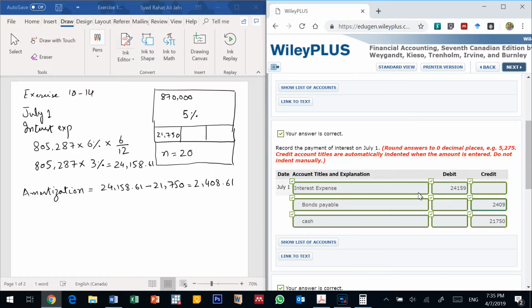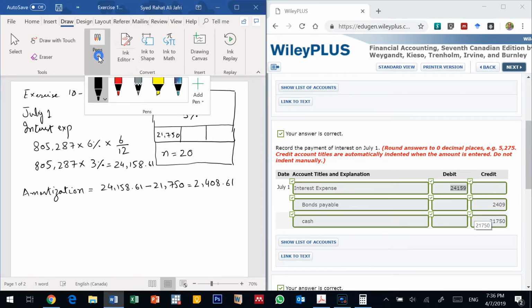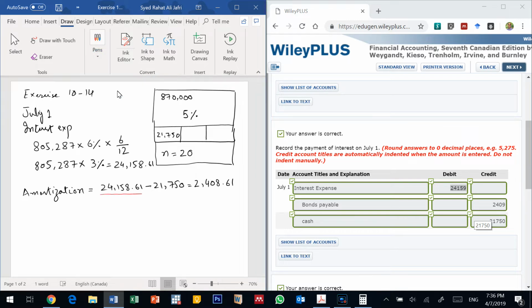So yeah, interest expense is 24,159, which is here in front of you on the left side of your screen. This is the interest expense. This is interest payment, or say cash outflow.